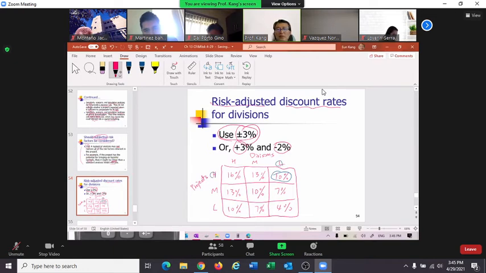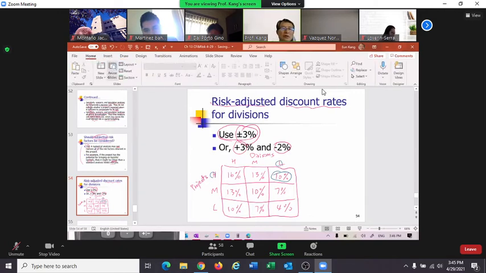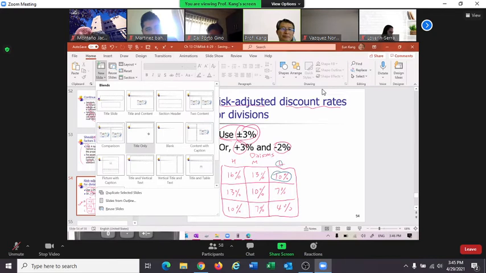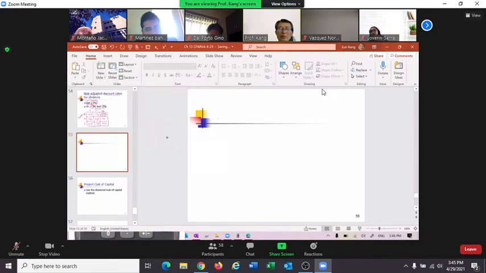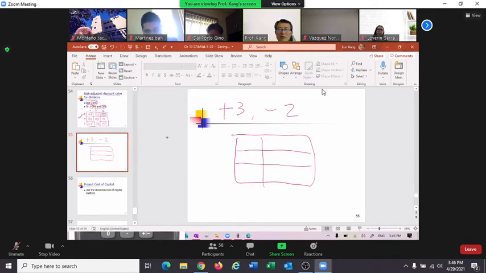For example, let's use plus 3 minus 2, like this. Let's say 10% average, with high, medium, low projects, and these divisions.